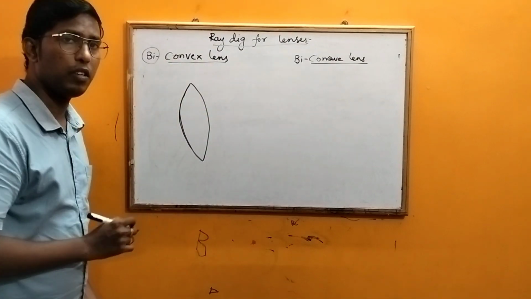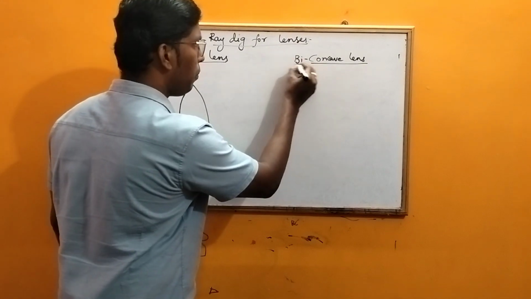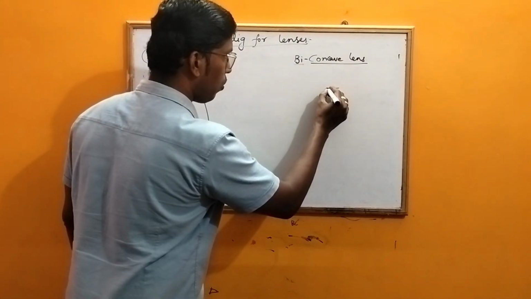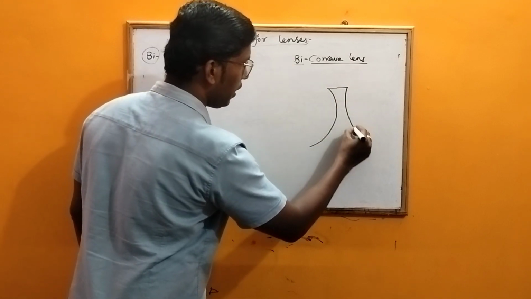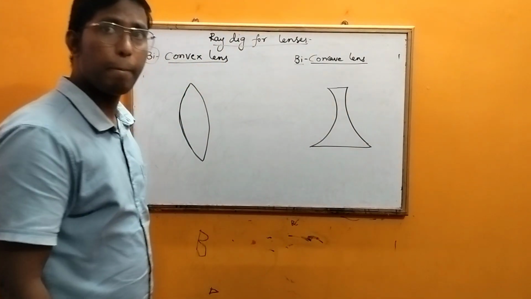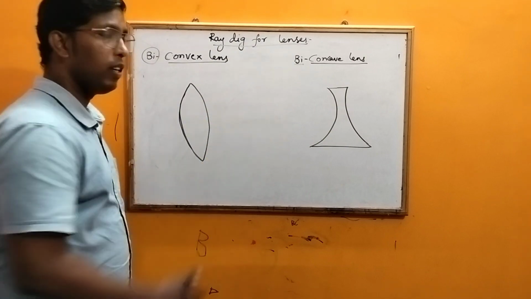Such types of lenses are known as biconvex lens. Again, bi means two sides. In a biconcave lens, we observe that the two sides are bulged inside. This is known as biconcave lens. These are the diagrams.